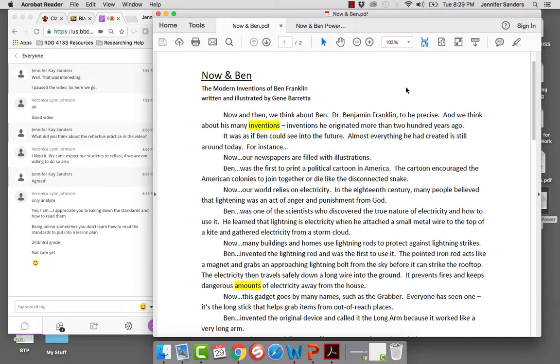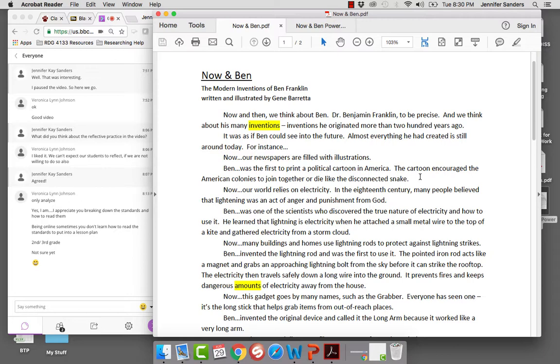And we think about his many inventions. Inventions here originated more than 200 years ago. Wow, more than 200 years ago. It was as if Ben could see into the future. Almost everything he had created is still around today. What? For instance, now our newspapers are filled with illustrations. Ben was the first to print a political cartoon in America.